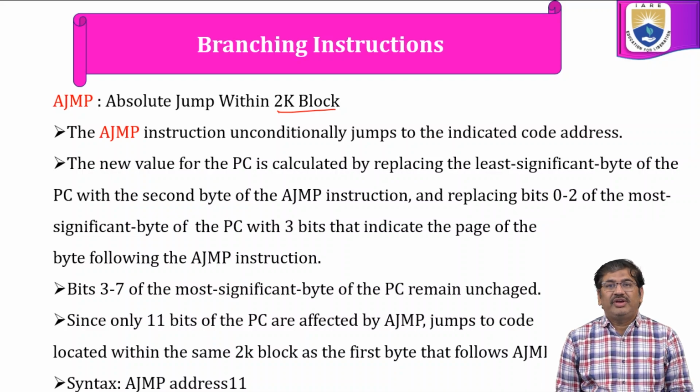Bits 3 to 7 of the most significant byte of the program counter remain unchanged. Since only 11 bits of the program counter are affected by AJMP, the jump is to a code location within the same 2K location as the first byte that follows the AJMP instruction. The syntax of the instruction is AJMP, with an address of 11-bit size.